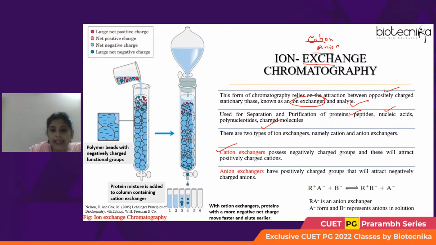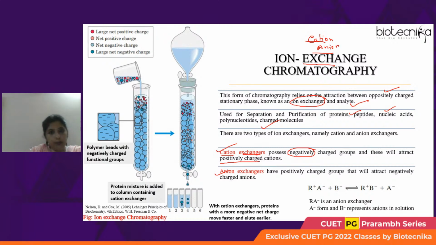One is cation, another is anion. Now, please note, just see cation exchanger. That means there is a matrix which should be negatively charged and it should attract positively charged cations. Okay. So always remember, now again here you have to learn one thing. Either you learn cation or you learn anion.